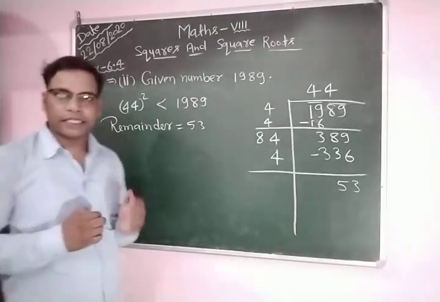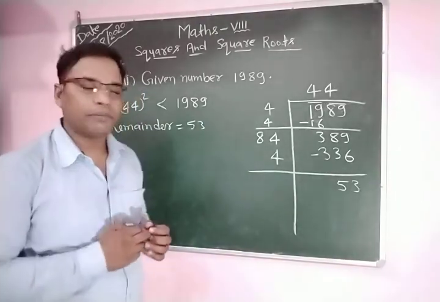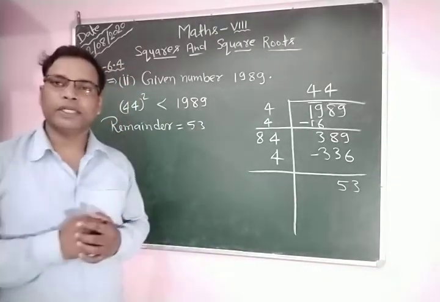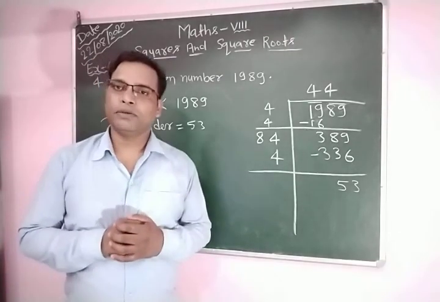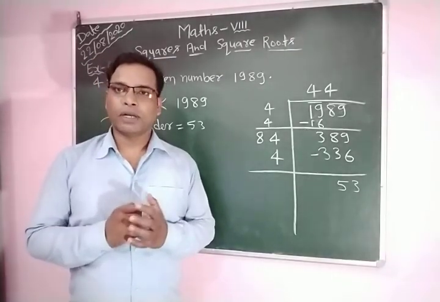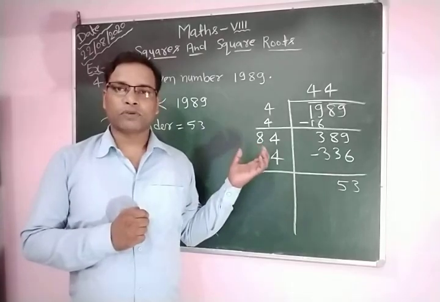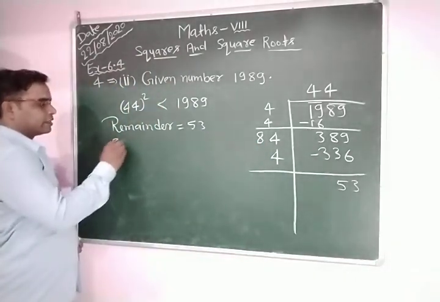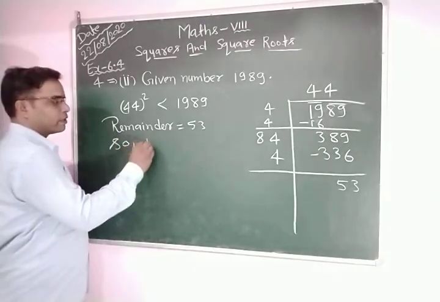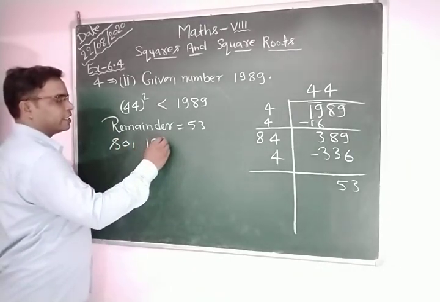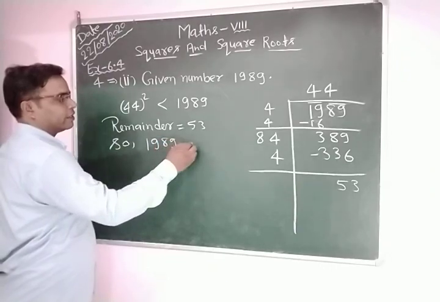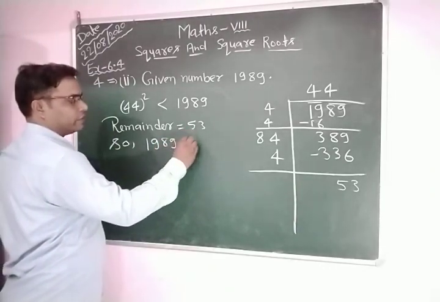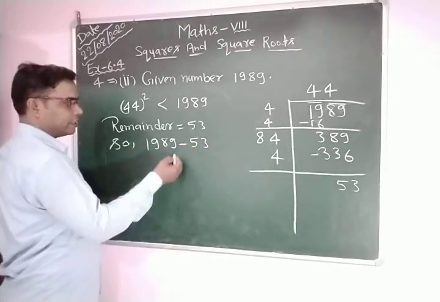If we subtract this remainder from the given number 1989, then what do we obtain? A perfect square number. So we subtract 53 from 1989.